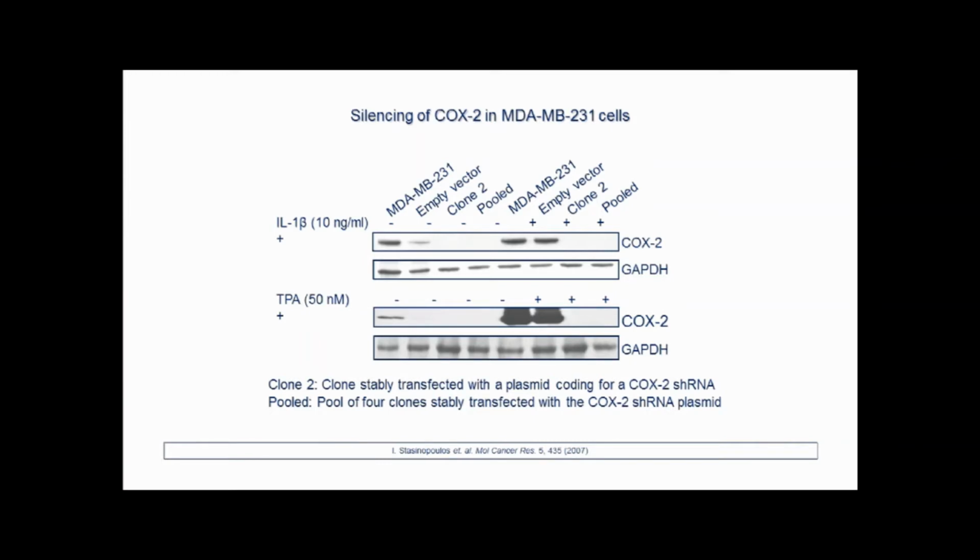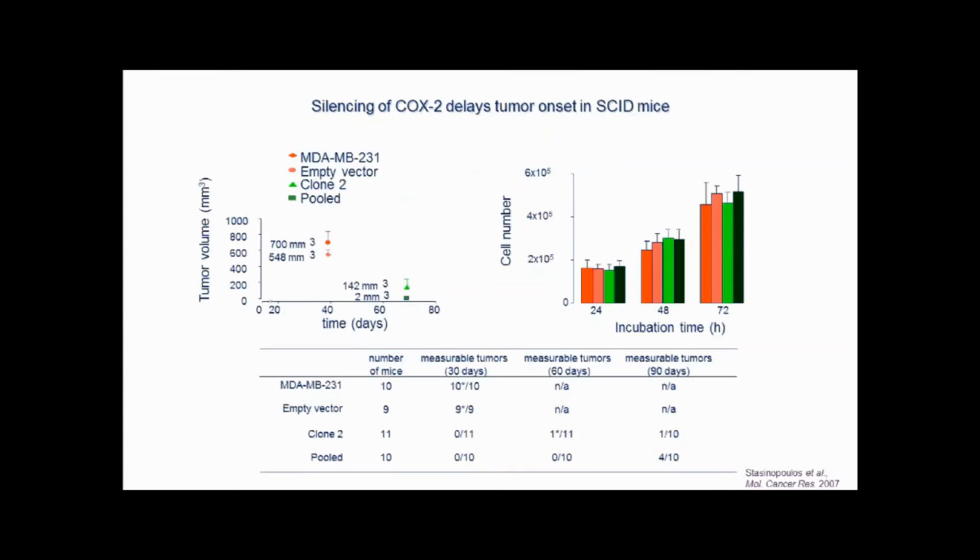So then you can start to use imaging to understand the phenotypic effects of this target. And so here, if you take these cells and you put them in vivo, they don't grow. And throughout the earlier two talks, we've observed the heterogeneity and the complexity of tumors.